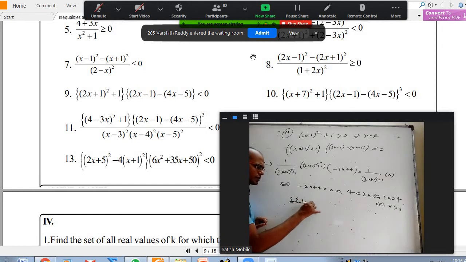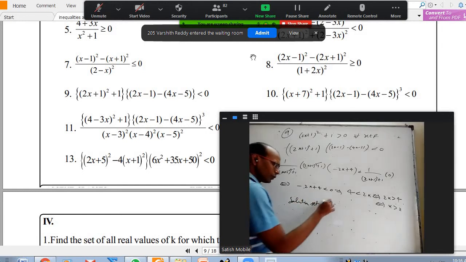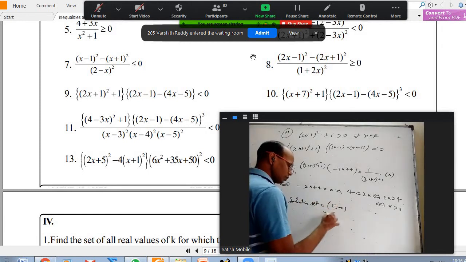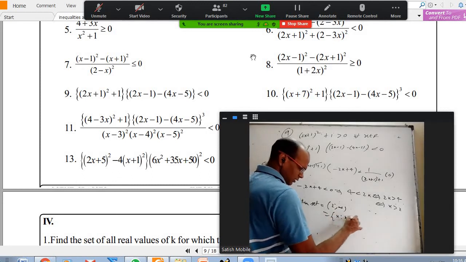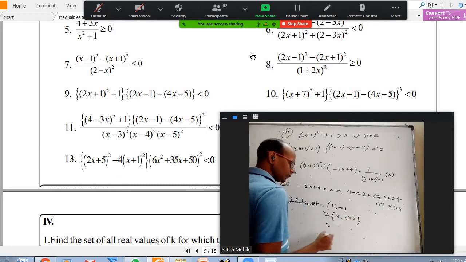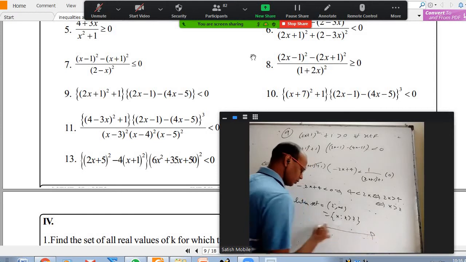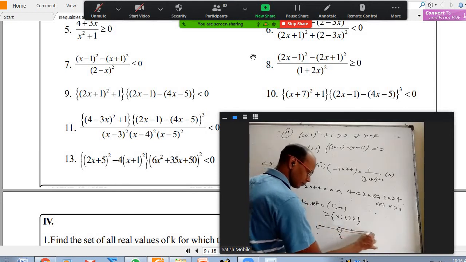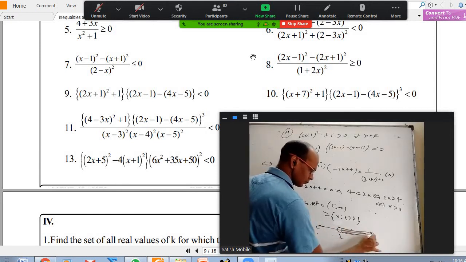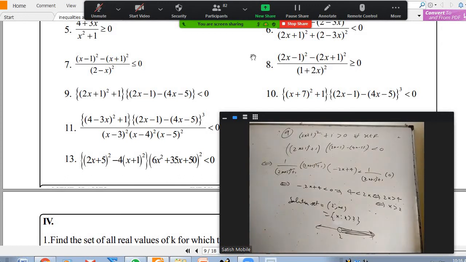Solution set is equal to the open interval 2 to infinity, or x such that x greater than 2. On the number line, simply beyond 2. Just recognize it is always positive, good enough, nothing complicated.